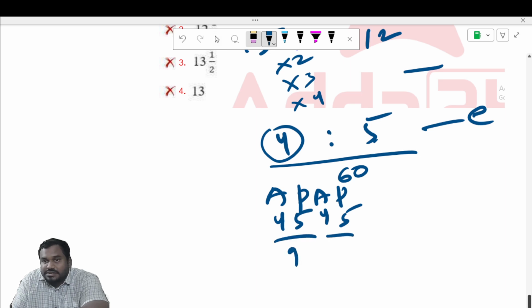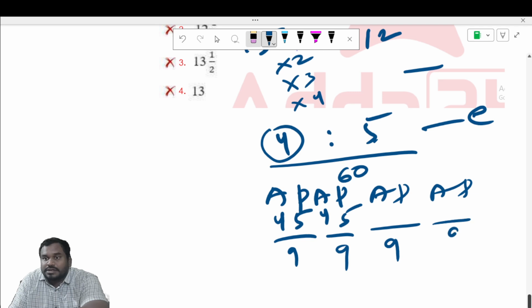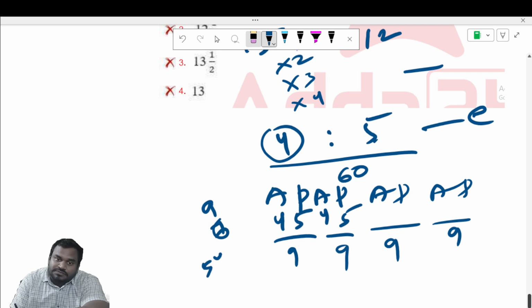Total 60 parts of work are there. 9 5s are 45, 9 7s are 63, no, 9 6s are 54 parts of work.